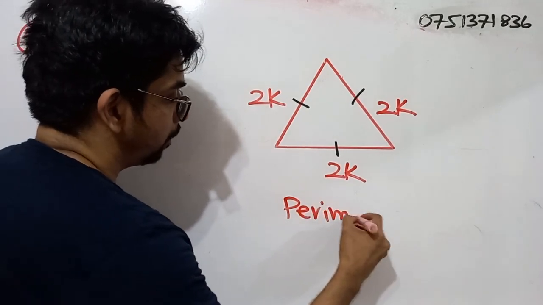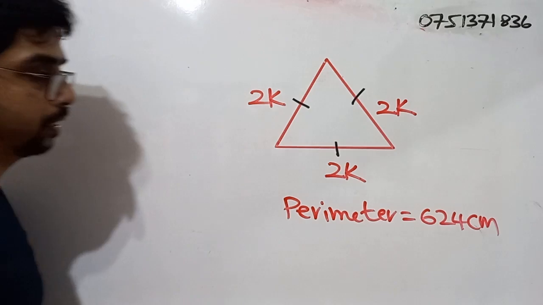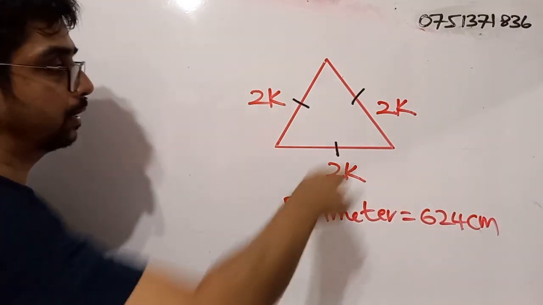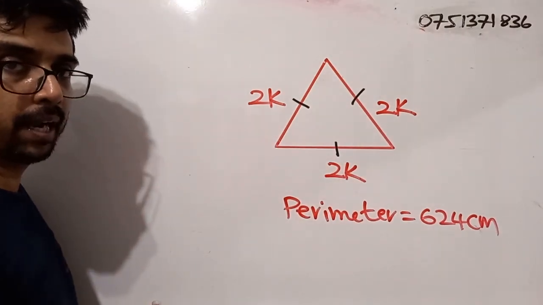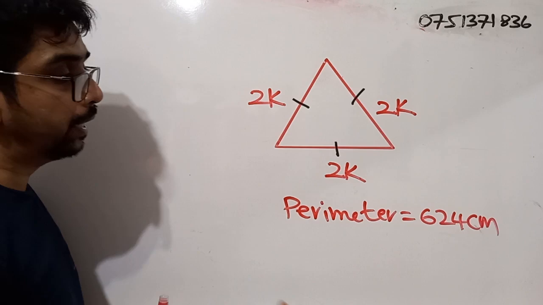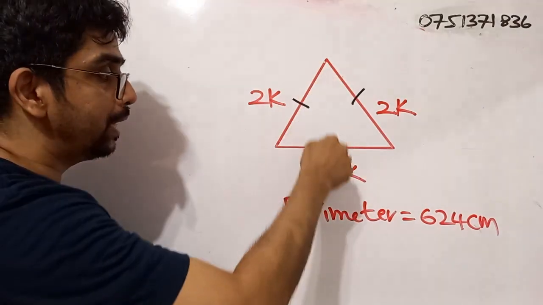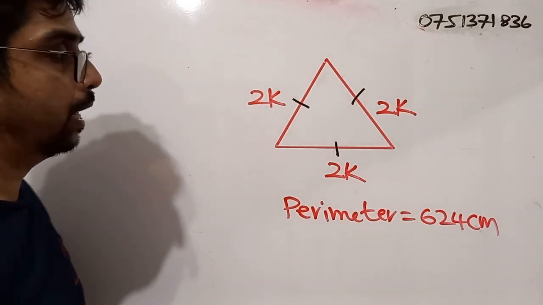What is the perimeter? Perimeter is 624 centimeters. So the value we know. And the triangle is what? What type of a triangle? Equilateral triangle. So what are they asking? Value of k. So do we need the height of the triangle? No, we don't need it, right?